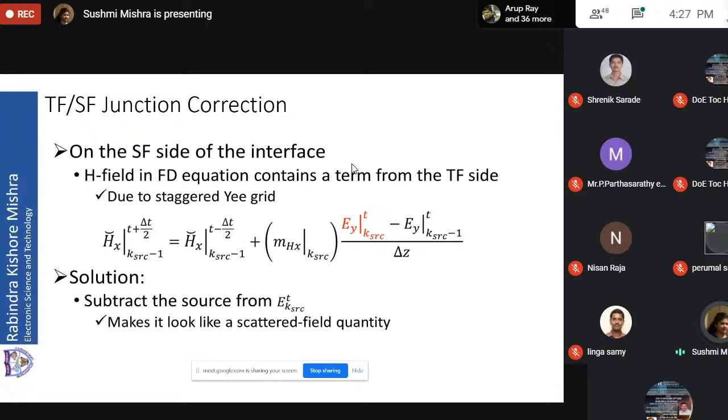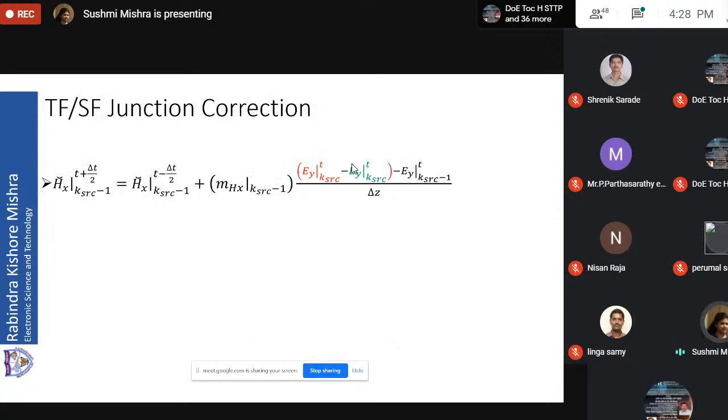Because on the total field side, total field is equal to source plus scatter. Now, if I take out the source, then I will be left with only scatter. So subtract the source term. That is the solution for that. So take out the source term. And this shows the formulation.